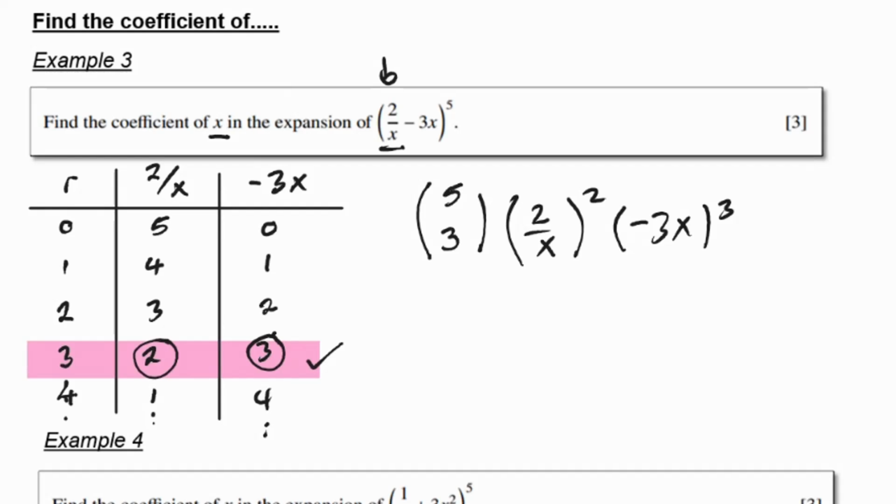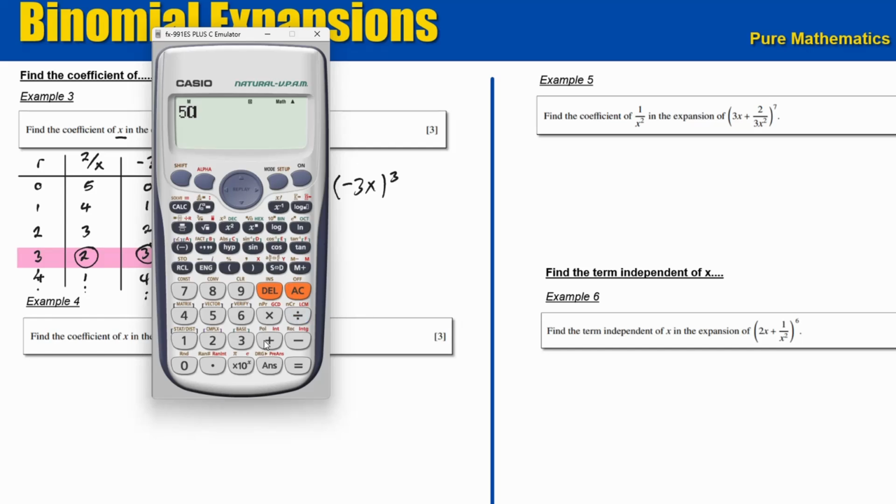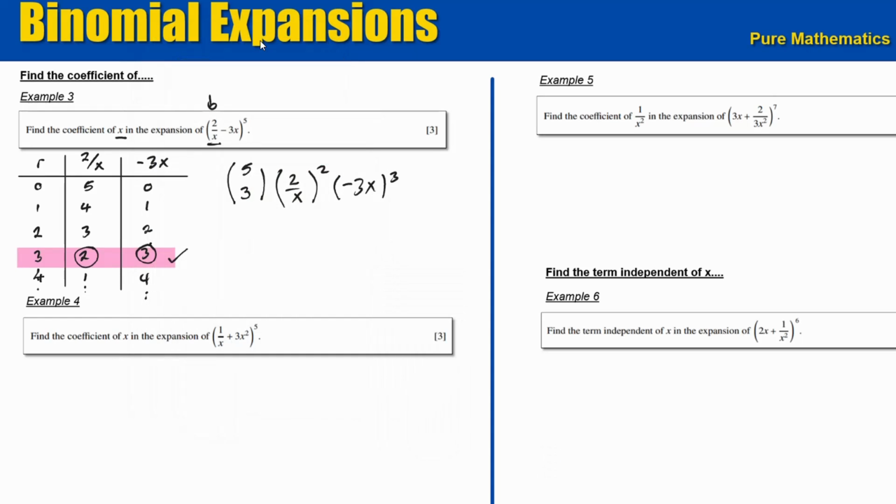I want you to watch this. 5 choose 3, we get 10, right? So we have 10, and that's times, here we've got 2 squared, so that's 4. Let me just do brackets. So that's 4 over x squared.